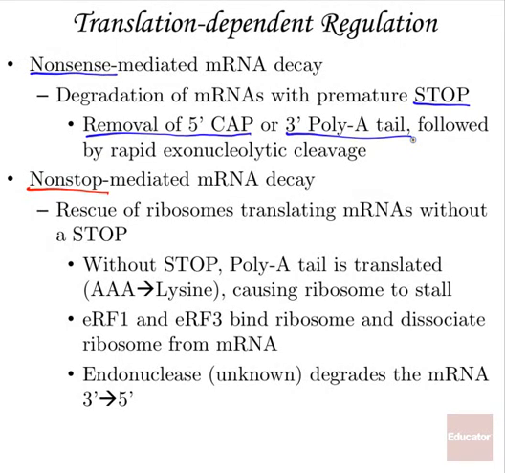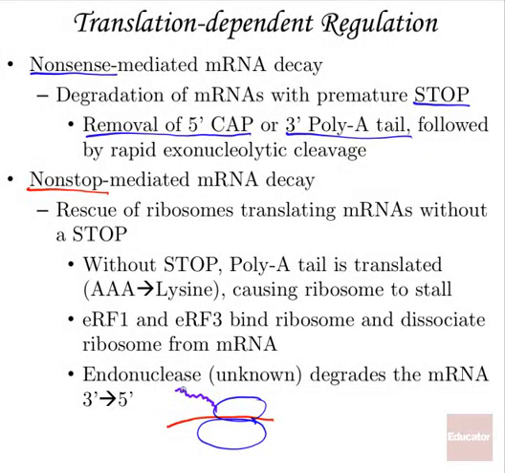We have another thing called non-stop mediated mRNA decay, and this occurs when a ribosome is working on an mRNA that lacks a stop codon. Now, this can be pretty detrimental to the cell, because if there's no stop codon, basically the ribosome is stuck with that mRNA attached to it, as well as the protein coming out.